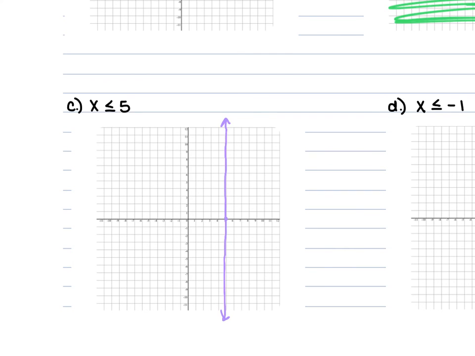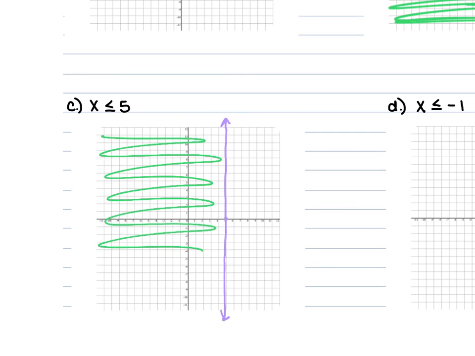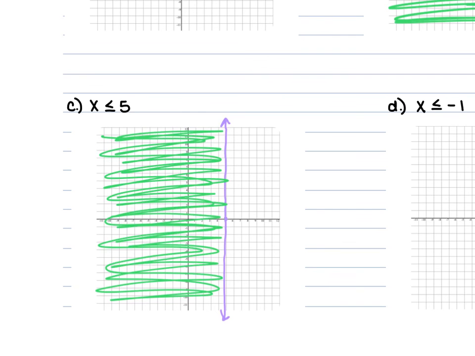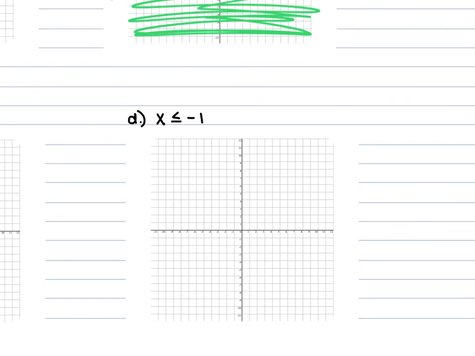So this is x is less than. Anything less than 5 is 4, 3, 2, 1, so it would be anything to the left of this line for this graph. For D, we have x is less than or equal to -1. So again, solid line through -1. And then x is less than, so we're going to shade to the left.